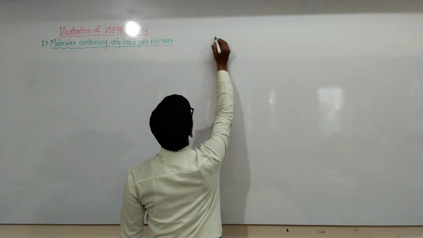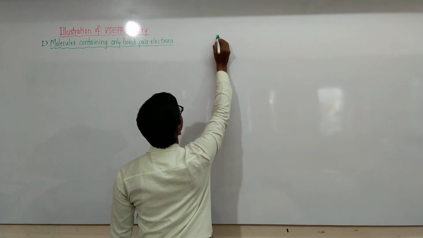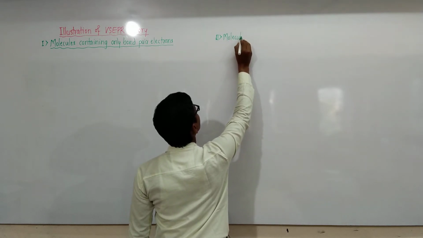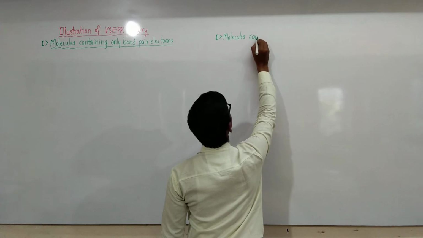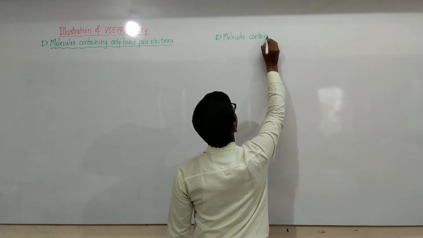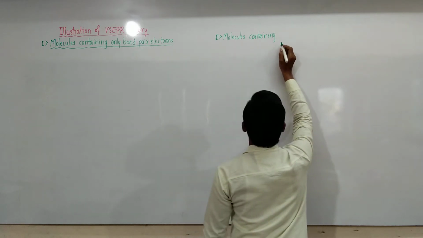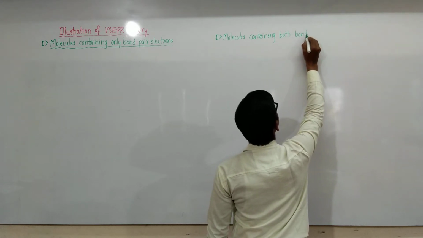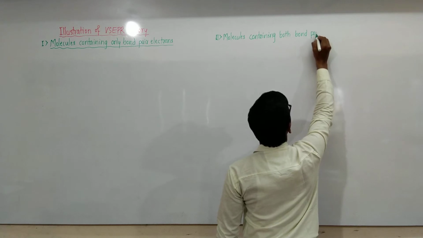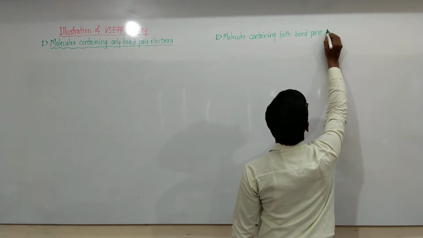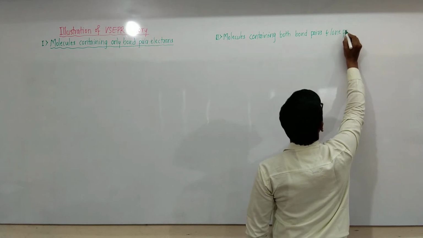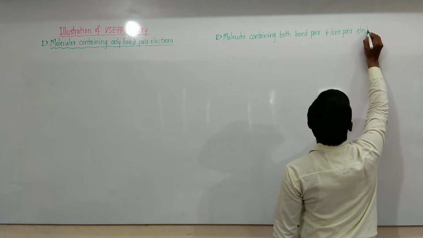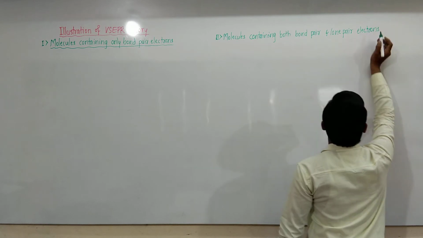And the second one is molecules containing both bond pairs and lone pair electrons around the central atom.